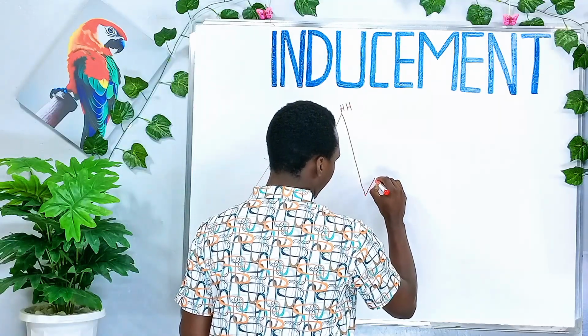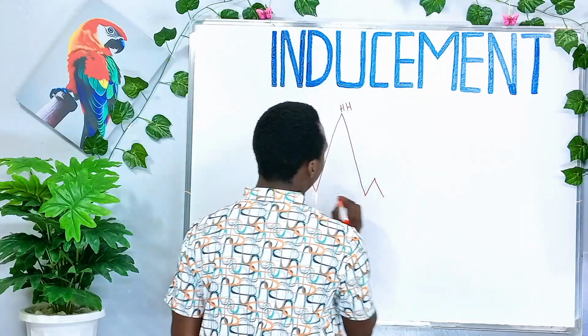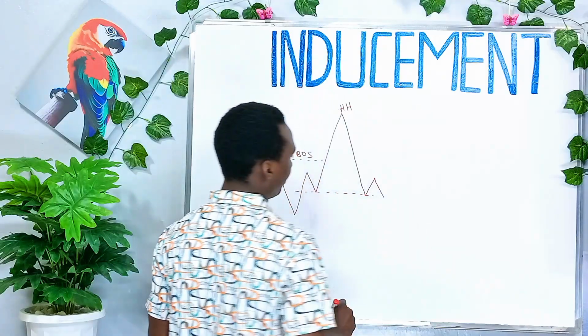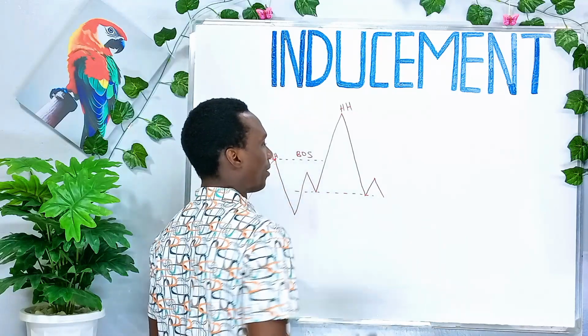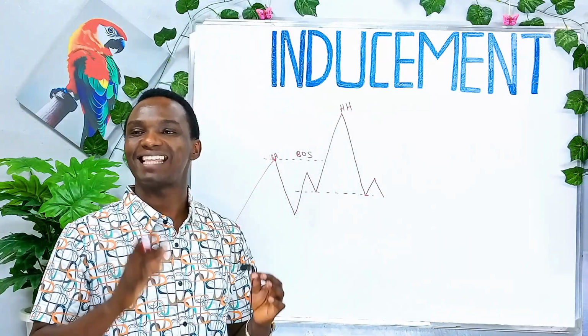What we expect is that the price will retrace back to this neckline before moving up. That is our expectation, but most of the time this is the trap.